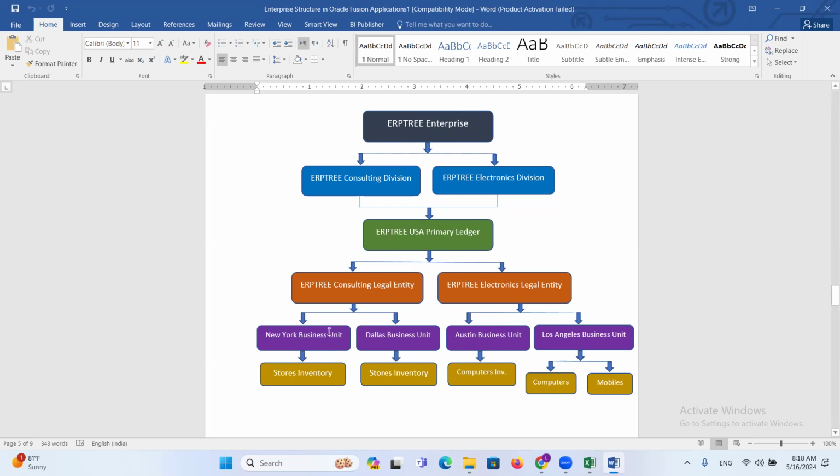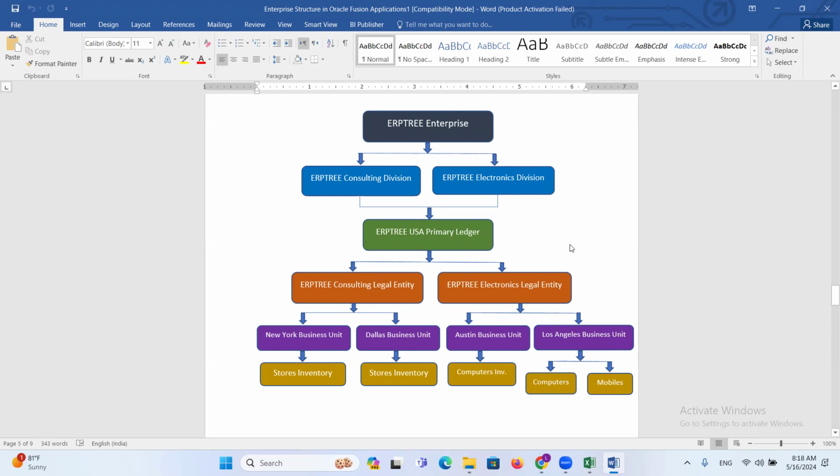When you create the business unit, we have to set which legal entity it belongs to, and again specify which primary ledger the business unit belongs to. This is how we specify it in the system. But you cannot directly specify which division a primary ledger belongs to as part of your primary ledger, business unit, or legal entity definition.